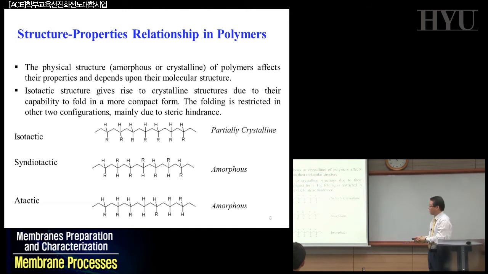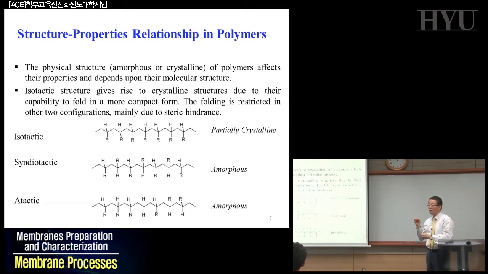It's called syndiotactic geometry. Isotactic polymer is partially crystalline, whereas syndiotactic and atactic are amorphous polymers. So crystalline and amorphous polymers may have different densities, so that your permeability will be quite different.